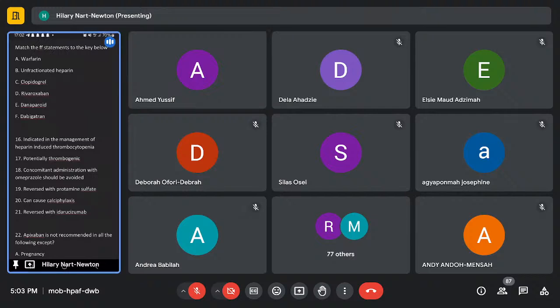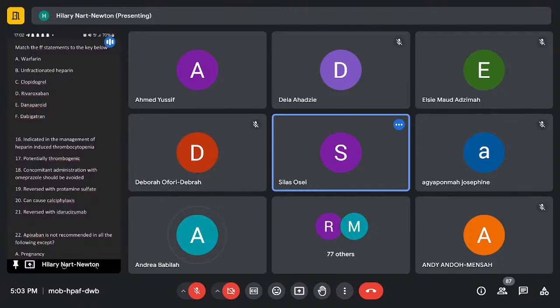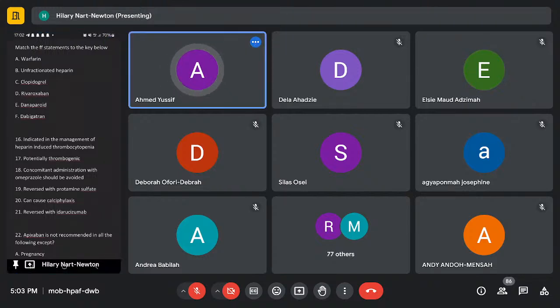18. Concomitant administration with omeprazole should be avoided. Clopidogrel. Okay. Any reasons why you should avoid that combination?